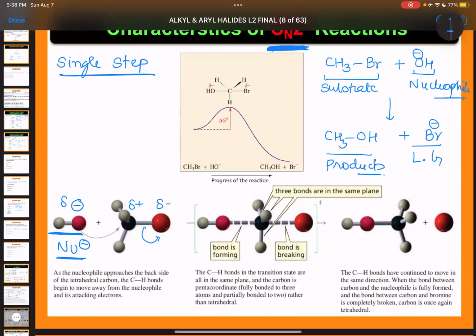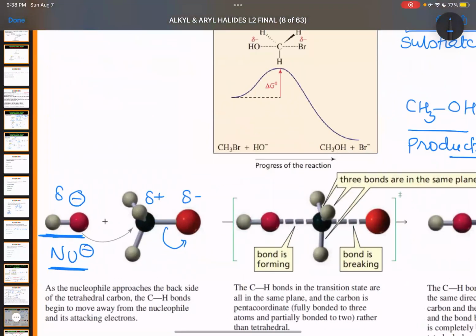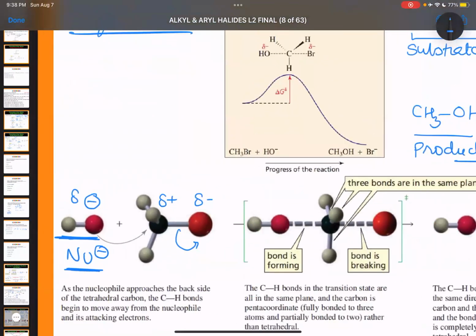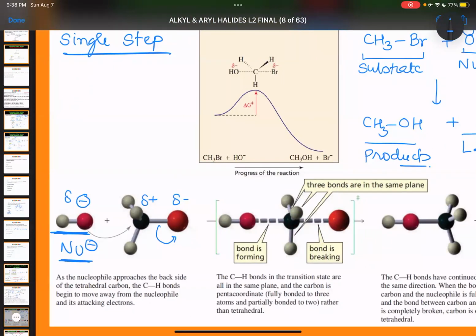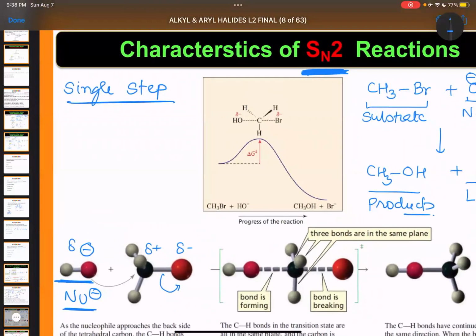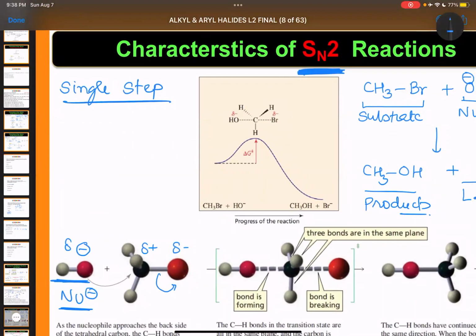You need to keep this in mind, because if one group is coming and another is leaving, they can't do it from the same side. Another point is single step. Single step means the attack of nucleophile and the departure of leaving group take place simultaneously.